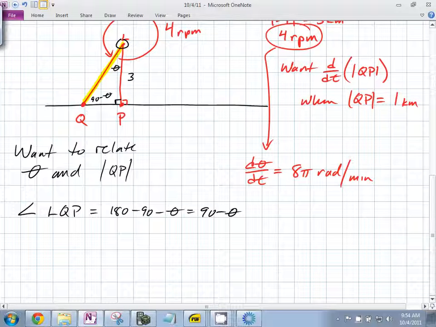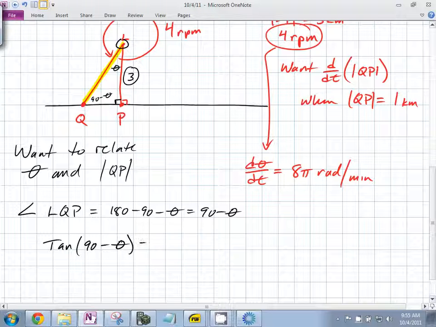We need a relationship that relates theta and QP. What trig function could we use? We know 3, and we have QP right here. Tangent. We know that the tangent of 90 minus theta has to equal 3 over QP.